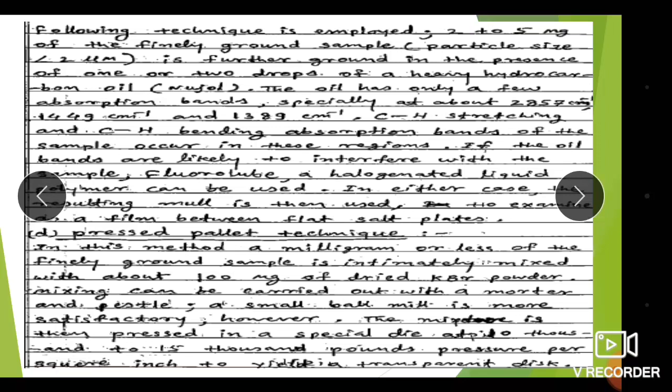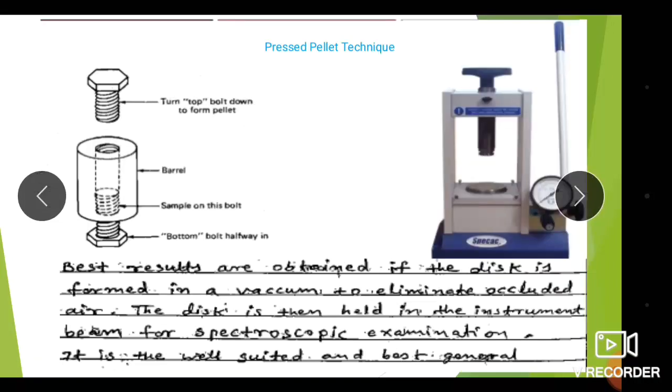Instead of mortar and pestle, we can use a small ball mill. However, the mixture is then pressed in a special die at about 10,000 to 15,000 pounds pressure per square inch to form a visibly transparent disc.